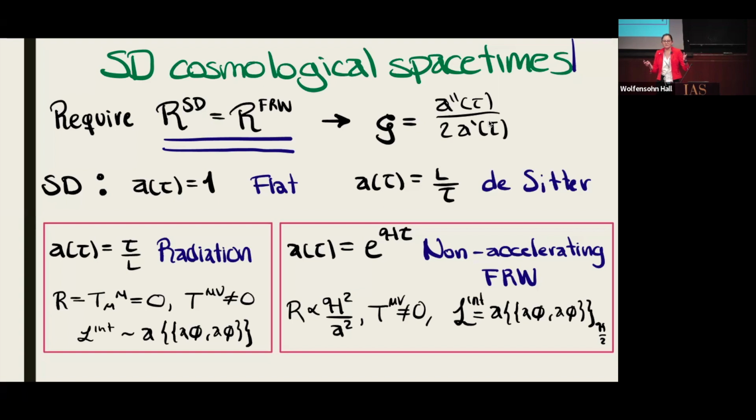Of course, we've been using a lot of scale invariance here, so it's not surprising that one of these nice solutions that appears tends to be the radiation solution, since this traceless stress energy tensor already hints at the scale invariance. But there's another solution, which is what in cosmology we call non-accelerating FRW.